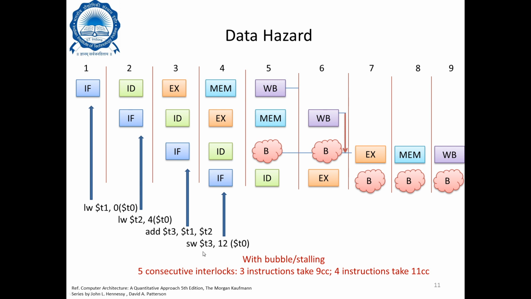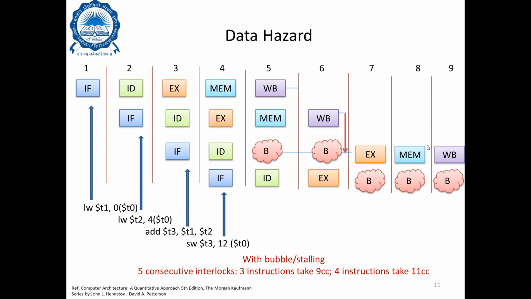So you see that in this pipelining diagram, you have bubbles and stalling, and there are 5 consecutive interlocks that you could see. 5 means 2 here and 3 here, and 3 instructions take 9 cc and 4 instructions take 11 cc, because we would have a data memory and write back.